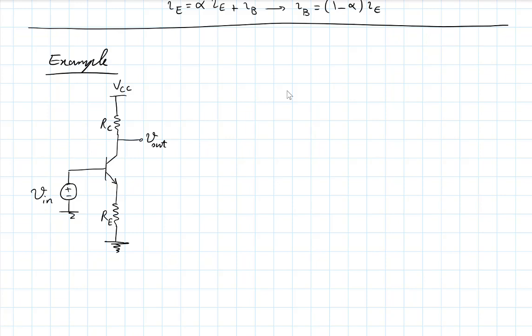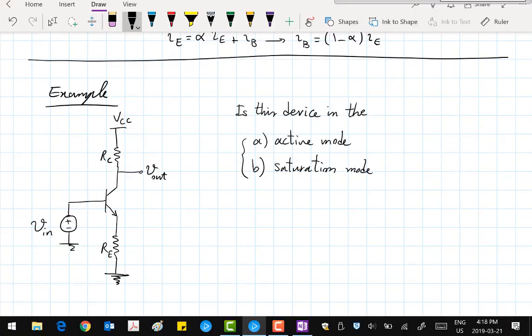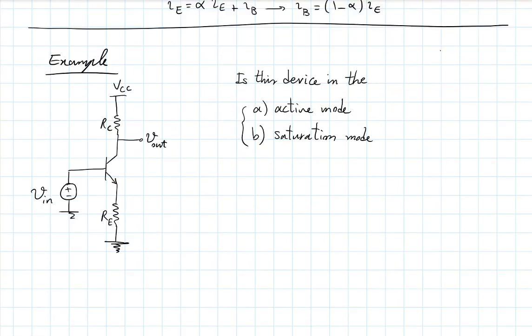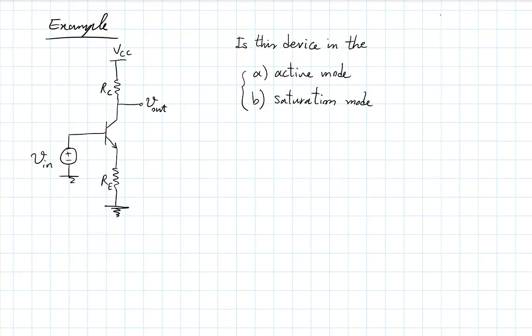Now here maybe I'll start with a question for you. Let's do a clicker question. Is this device, this transistor here, in the active mode or in the saturation mode? The answer is we don't know. It depends. So let's try to analyze this device.